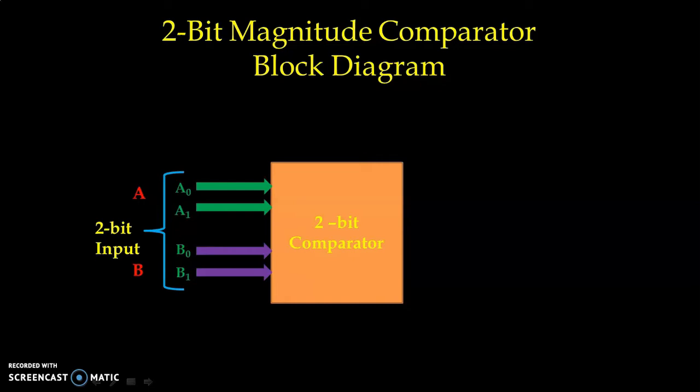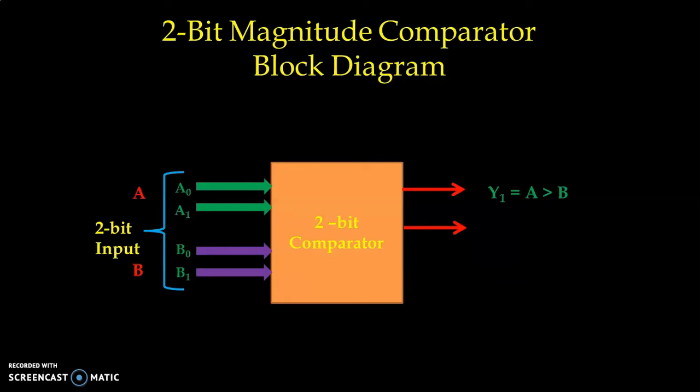In case of a magnitude comparator, we compare one binary number with another binary number. So for example, A is compared with B, and at the output side we have 3 possibilities. First possibility, the output is Y1, and the condition is A is greater than B. Binary number A is greater than binary number B. But in our case, we have 2 bits in each number, so we compare A0 A1 with B0 B1.